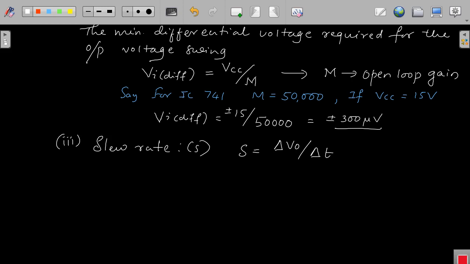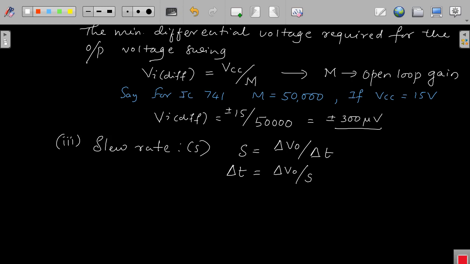So it is the time required for the output voltage to reach its maximum, right? So now this delta T, we are taking it as delta V naught divided by S. This is another very important parameter. The rise and fall time of the operational amplifier is definitely related to its slew rate. We have already seen this, right?